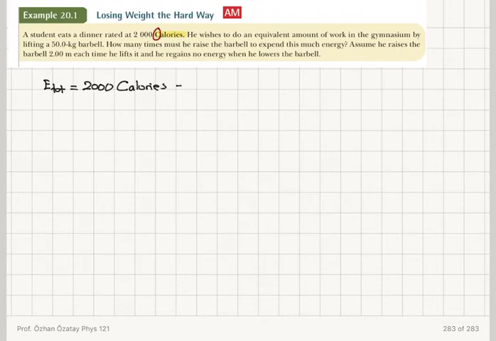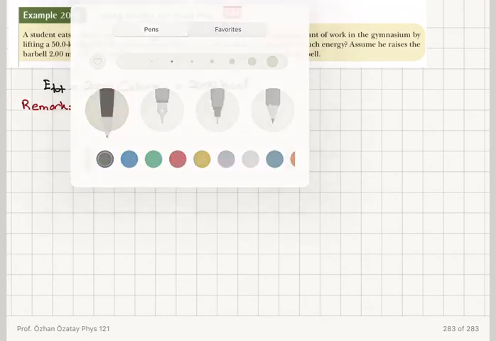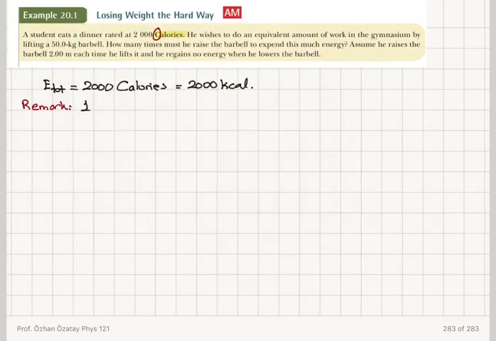This is equivalent to 2000 kilocalories. This is an important remark here. There is a difference between food calories and calories. 1 food calorie is shown with the capital C. 1 food calorie is equivalent to 1 kilocalorie or 1000 calories.